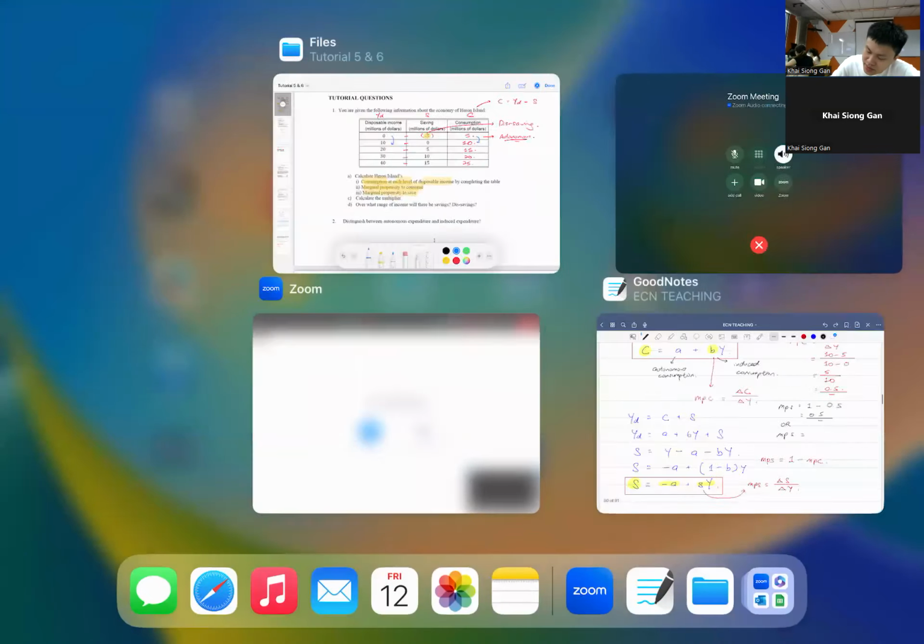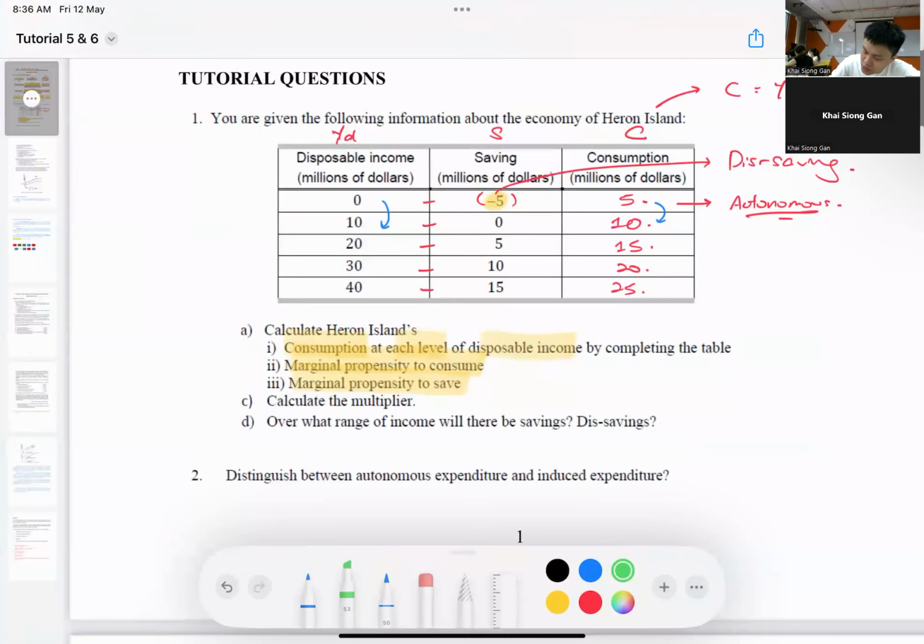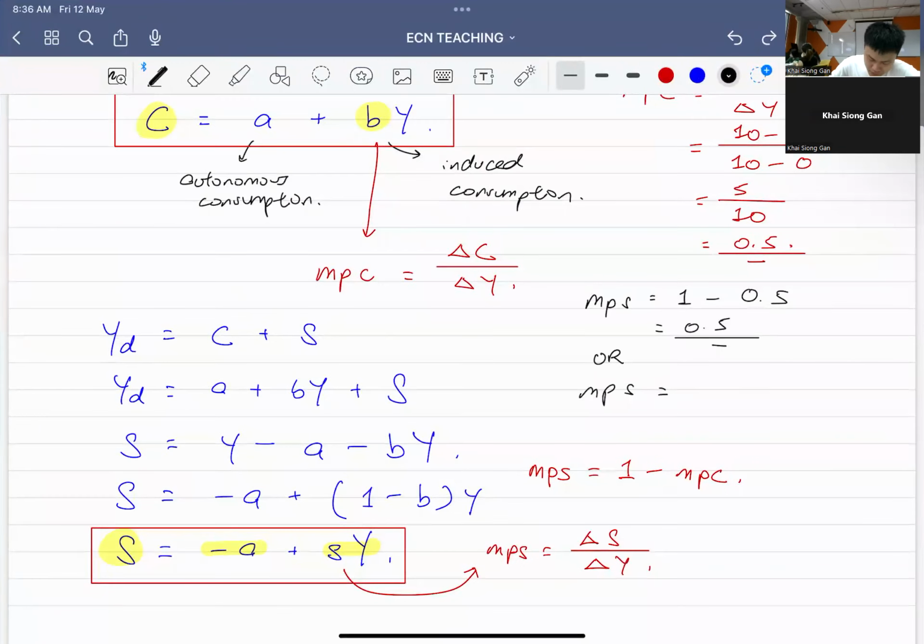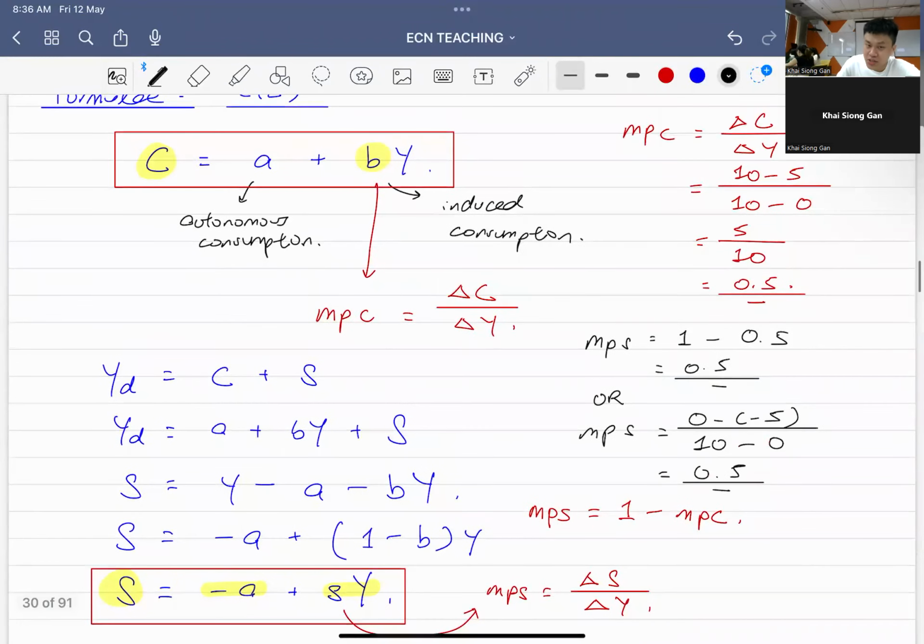So I can look back to the scenario, for example saving goes from -5 to 0 when the income is from 0 to 10. So I can write 0 minus -5 divided by 10 minus 0. So you get back the same 0.5. Okay, so that's the answer for the second and third questions.